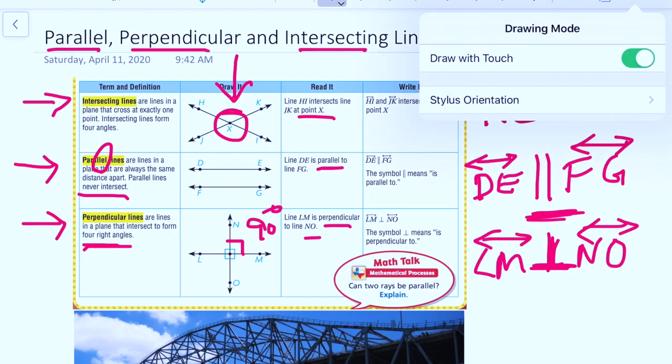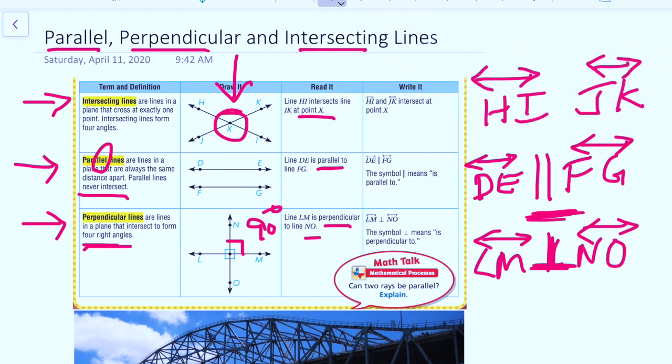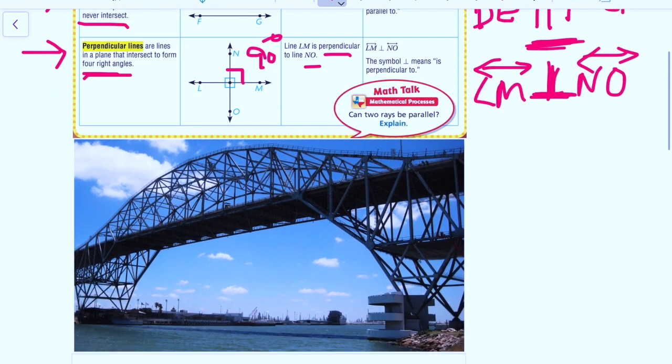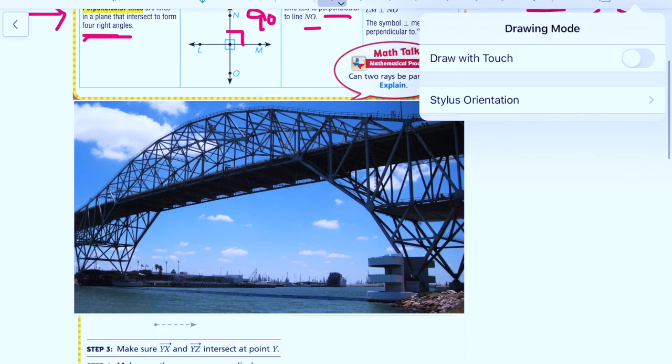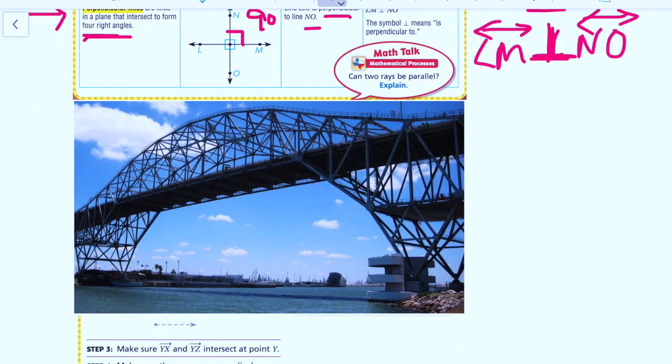Okay, so let's go to the next. I'm going to keep repeating so you can understand more and more. So look at this bridge. This is the bridge right in your own town, Harbor Bridge, and these steel rods connecting the bridge from the top to bottom, and this one here from here to here, they are parallel.